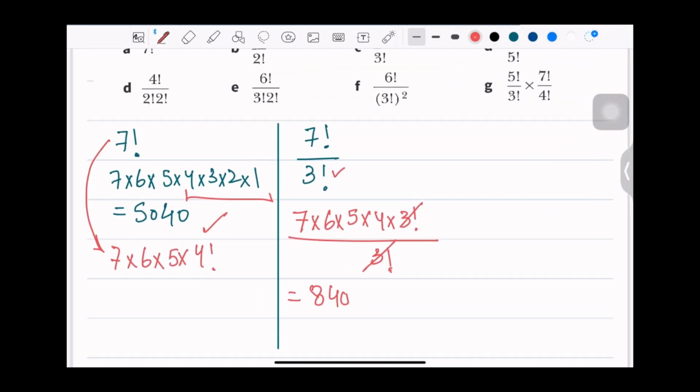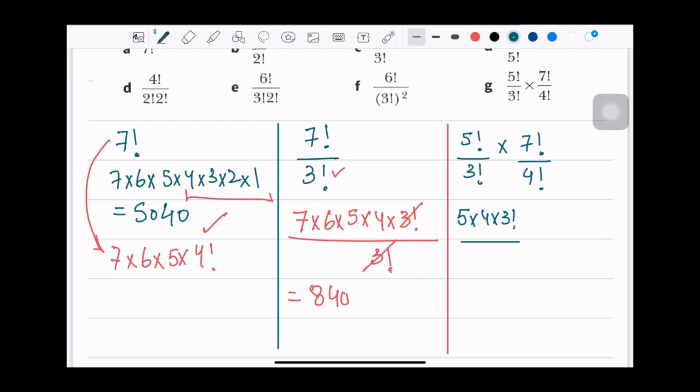You may use any question. For example, I'll solve the last one. 5 factorial over 3 factorial times 7 factorial over 4 factorial. Now, 5 times 4 times 3 factorial, I cancel that 3 factorial with the one below, and 7 times 6 times 5 times 4 factorial, I cancel with the other one.